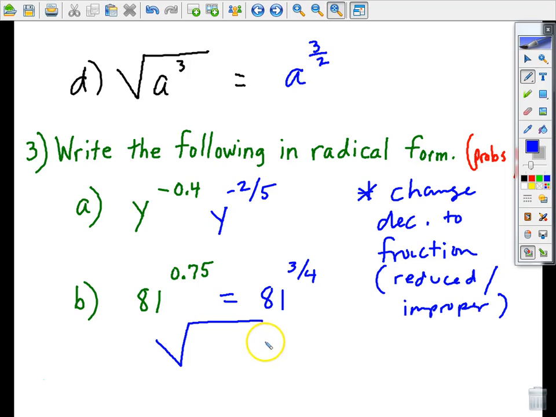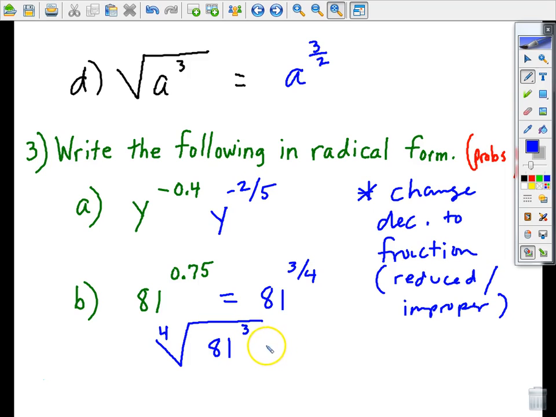Well, there's no square root, so I'm going to have you fill in the blank. It's the blank root of 81 to the third. The fourth? Yeah, it's just the fourth root of 81 to the third.